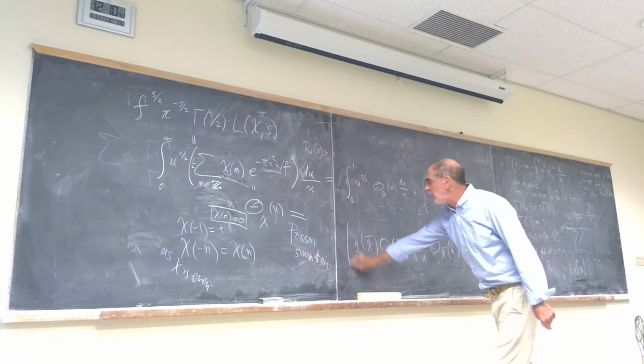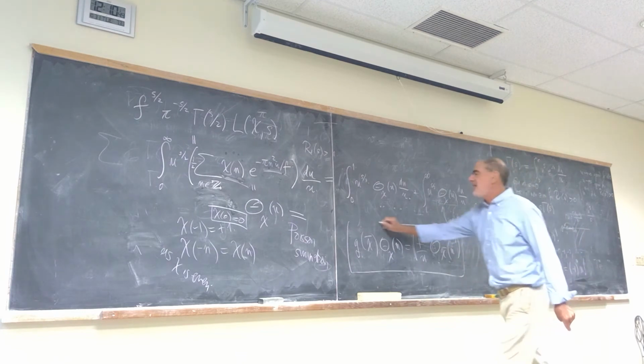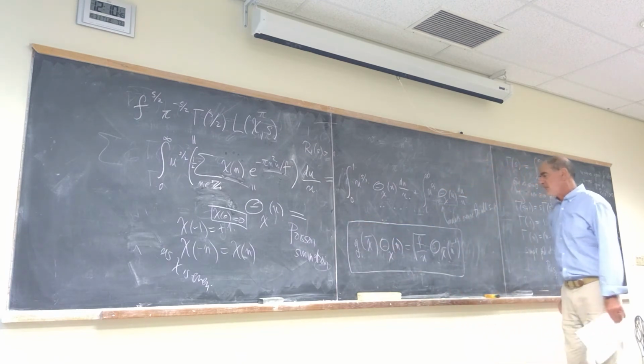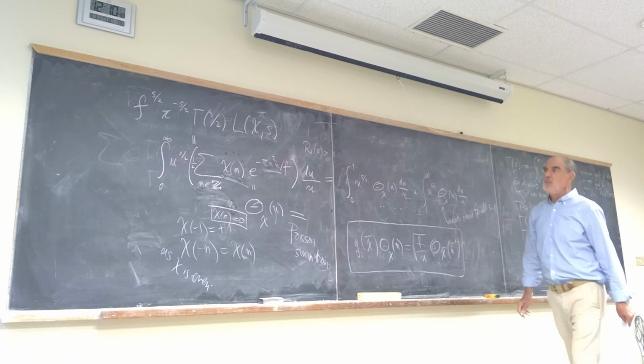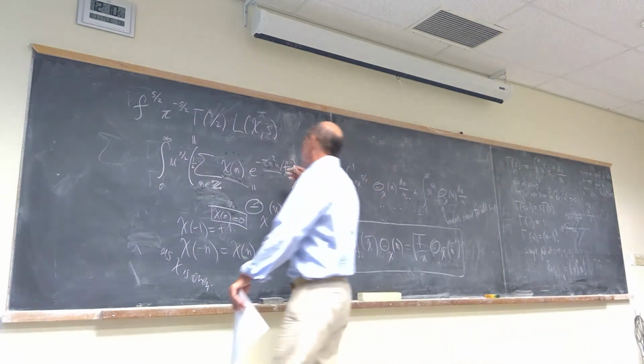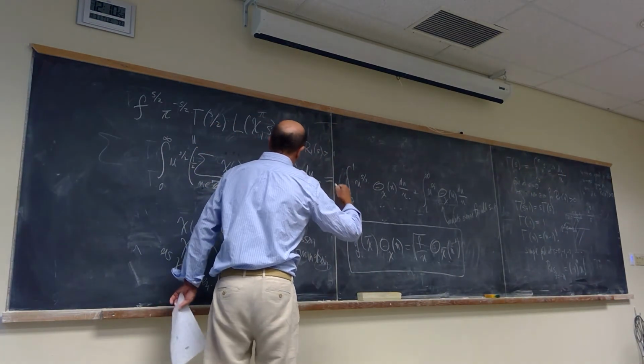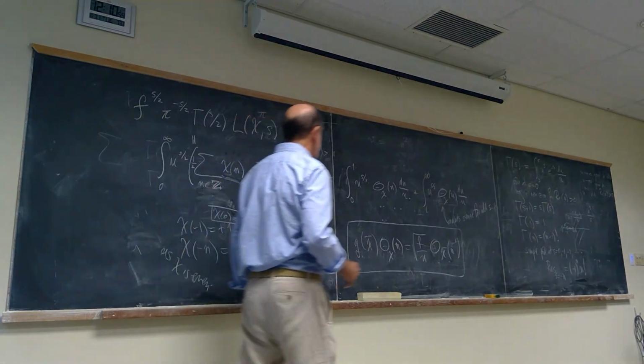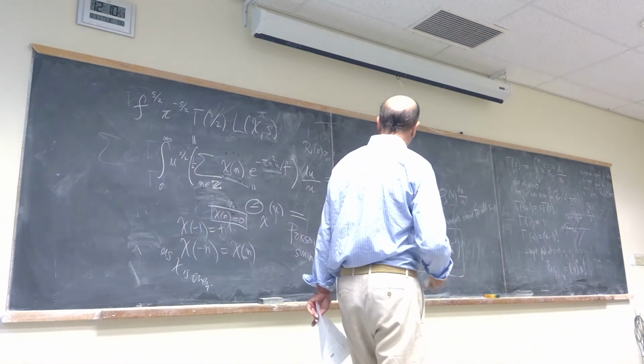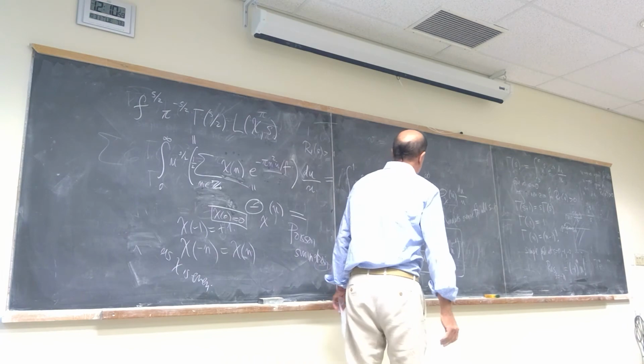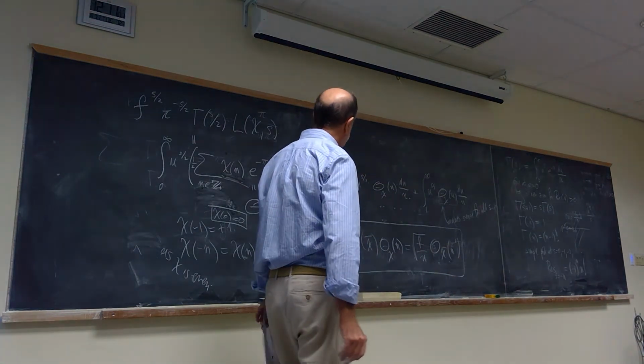So this is a generalization of the Jacobi theta identity, which is the case where chi is the trivial character. But again, you have to apply this to the correct function little g and the correct values of x and y and t. And I'm going to leave that to you. But this is the functional equation of the generalized theta function.